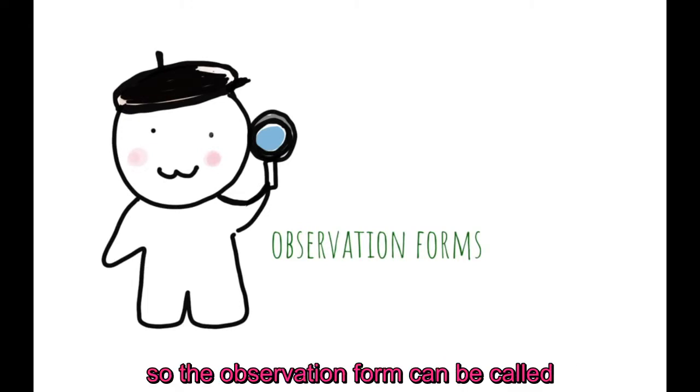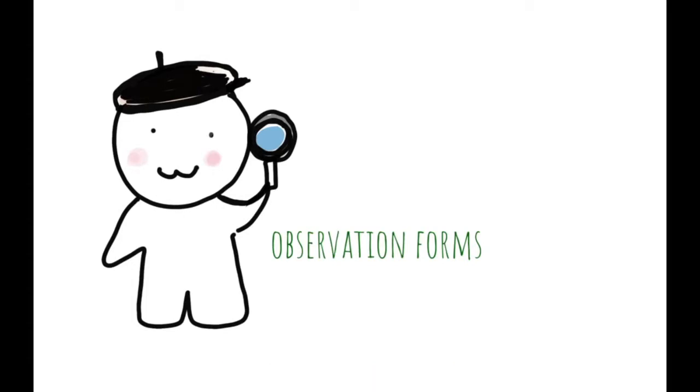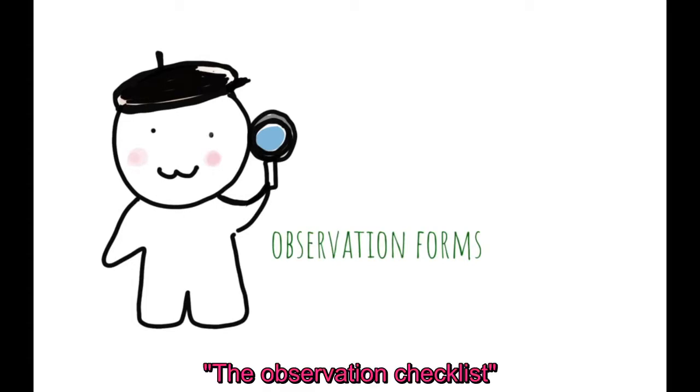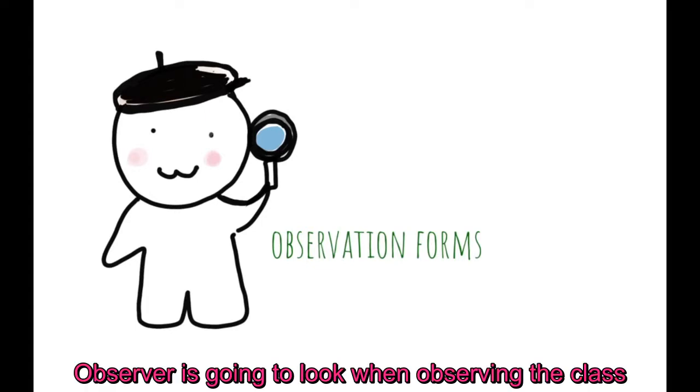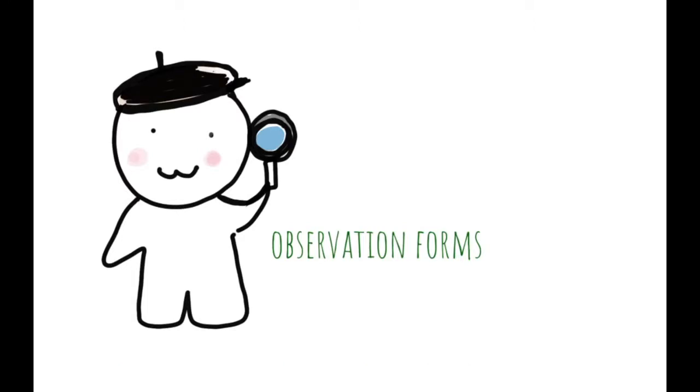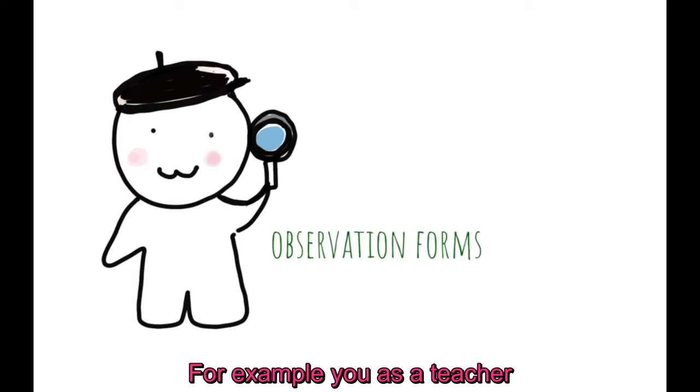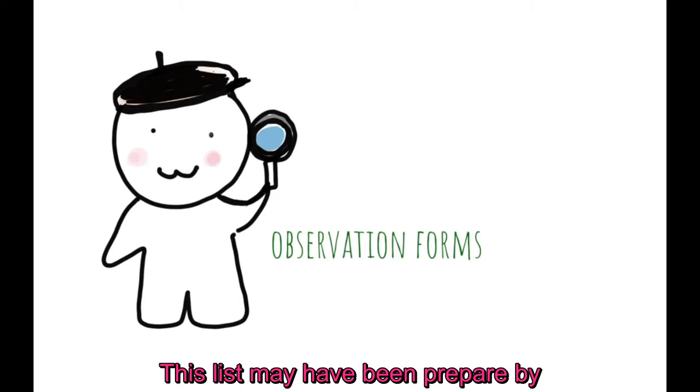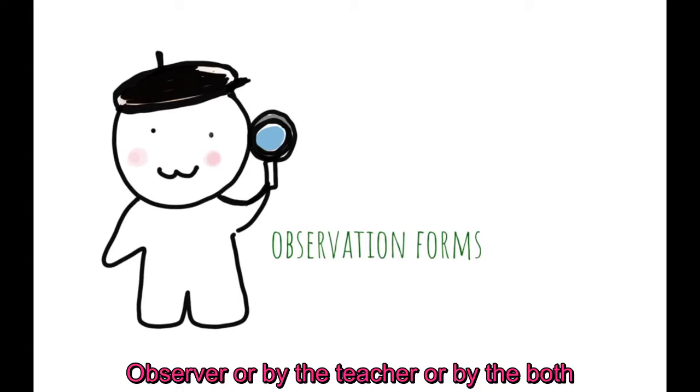An observation form can be called an observation checklist. It is a list of things that an observer is going to look for when observing a class. This list may be prepared by the observers or the teachers or both.